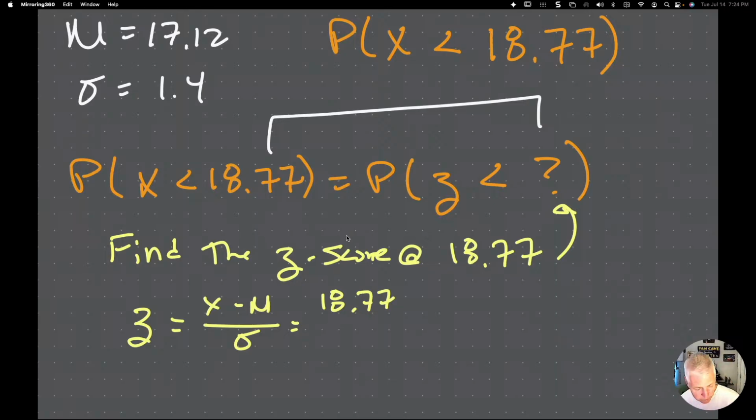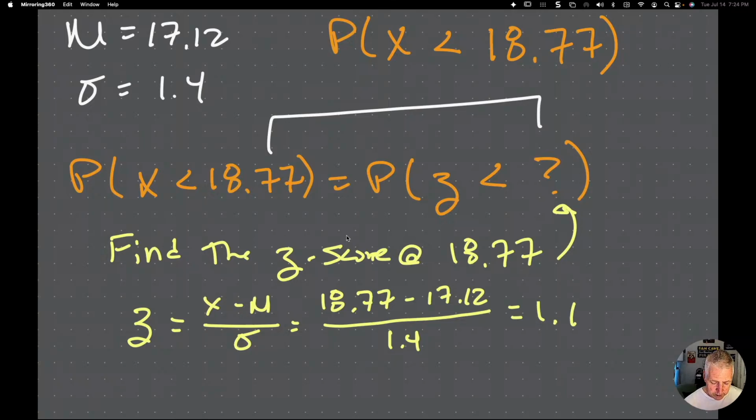18.77. Subtract the mean of 17.12, divided by 1.4. These pesky decimals. All right, 1.1786.